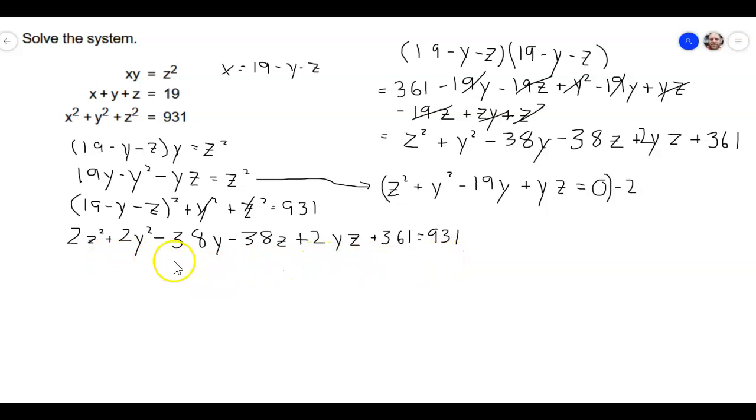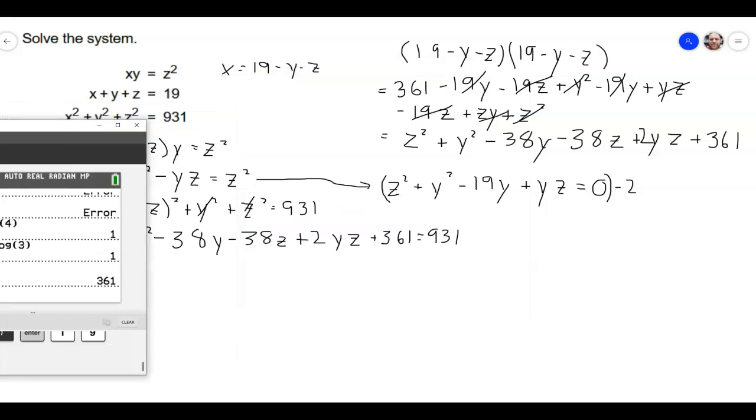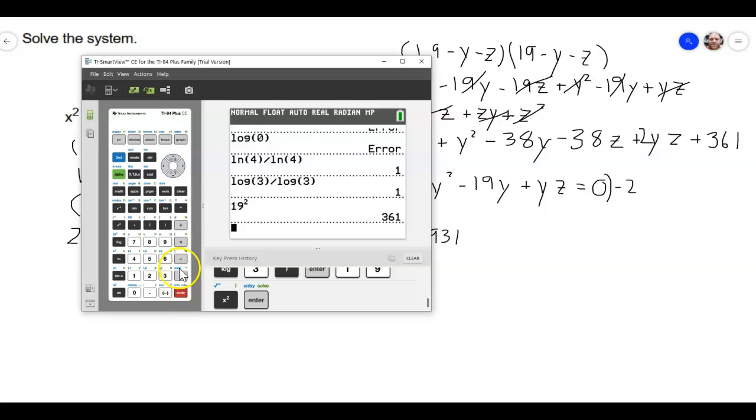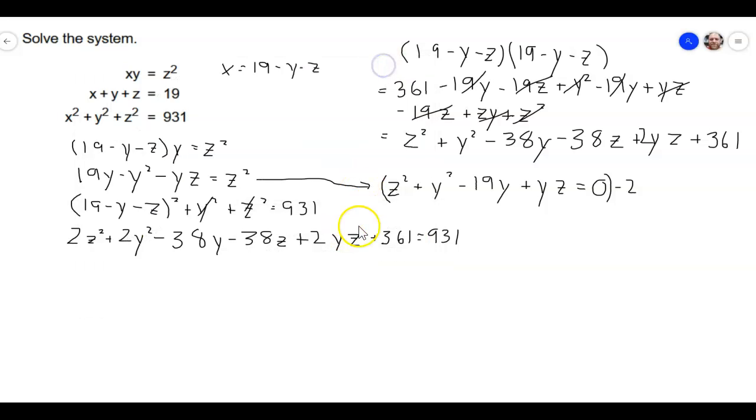Okay? And before we do that, let's just subtract that 931 from both sides. So 361 minus 931. That's going to be negative 570.